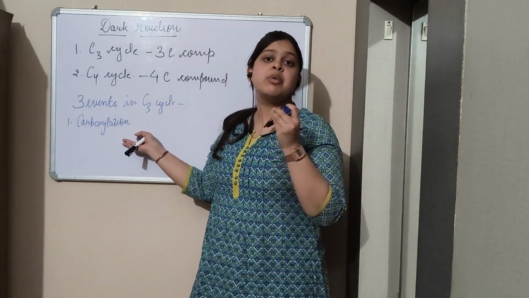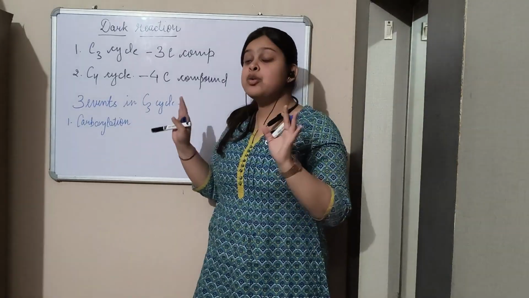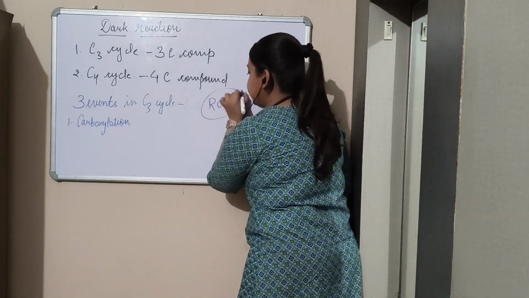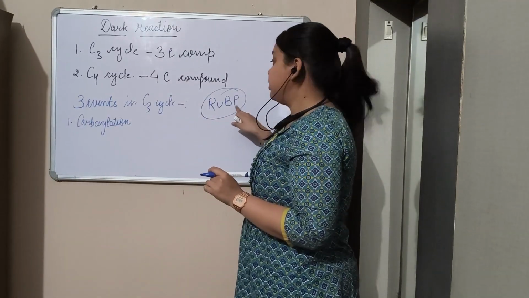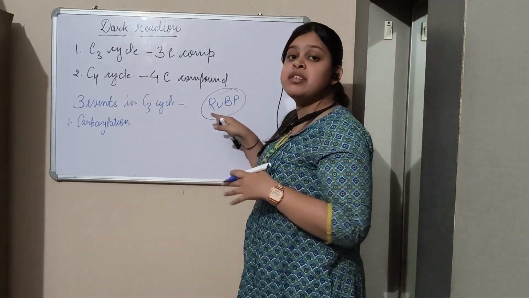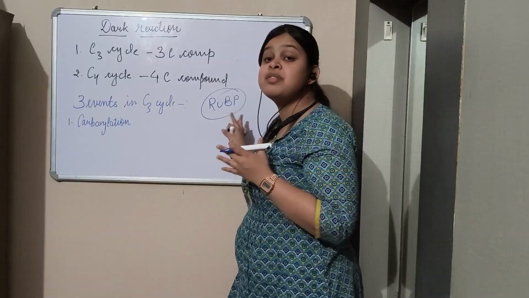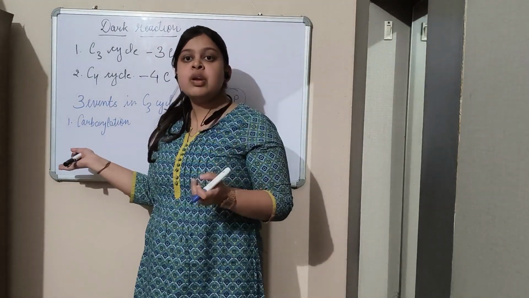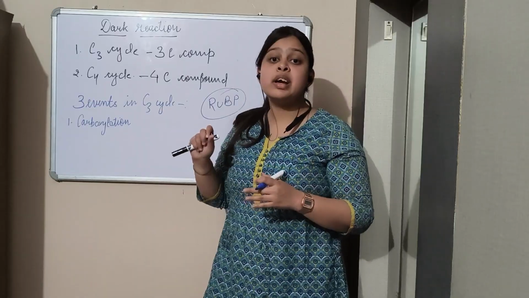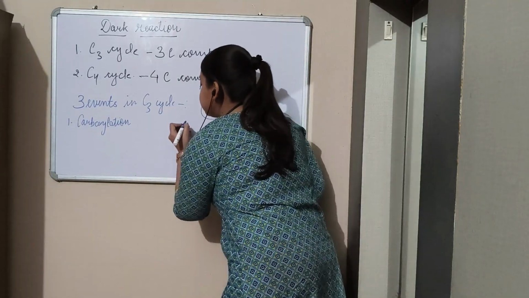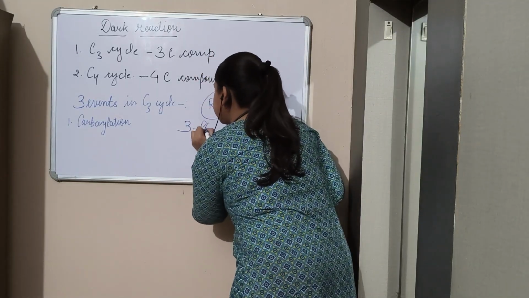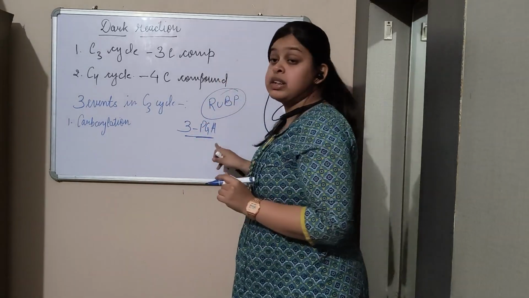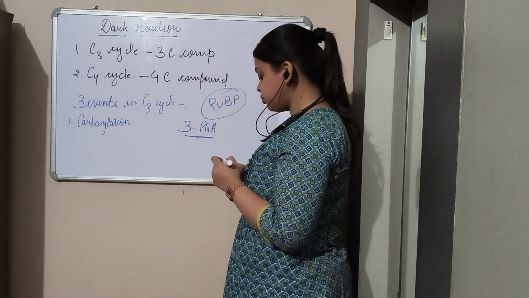There is a 5 carbon ketose sugar, that is RuBP, ribulose bisphosphate, ribulose 1,5-bisphosphate. This is a 5 carbon ketose sugar which will accept the CO2 molecule and fix it into a 3 carbon compound which we call 3-PGA, 3-phosphoglyceric acid. This is the first stable product that is formed in the C3 cycle.